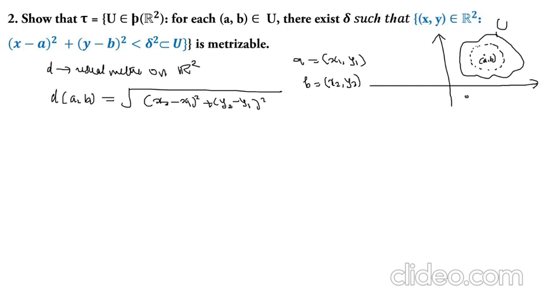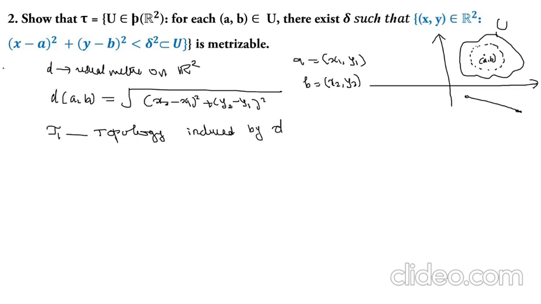So for any two points A and B, the usual metric is given by the shortest distance formula. And here also we consider tau1 as the topology induced by D, or generated by D.